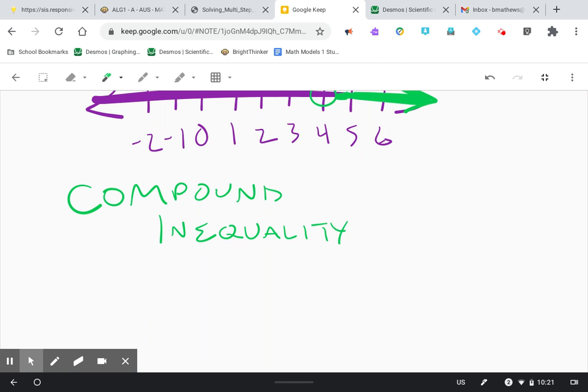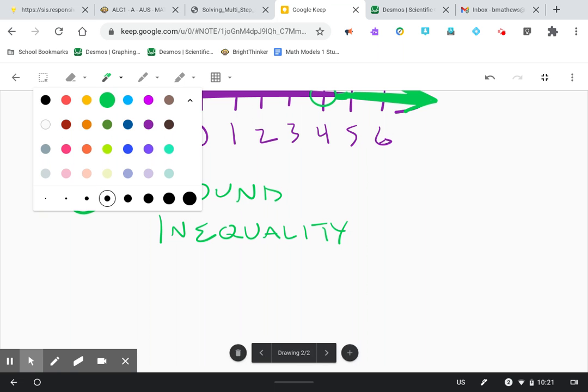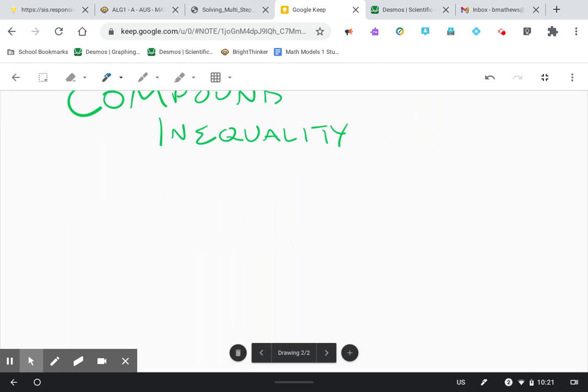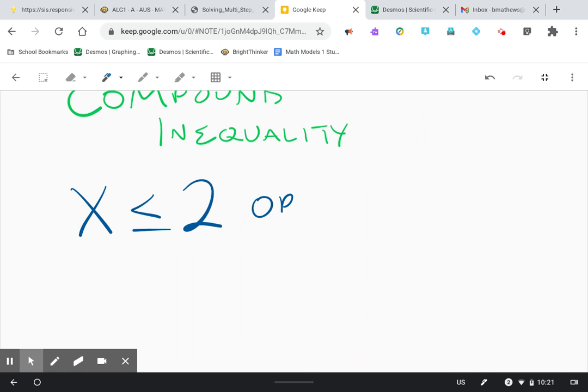we have more than one relationship working together to form a particular relationship. So we might say x is less than or equal to 2, or x is greater than 4.